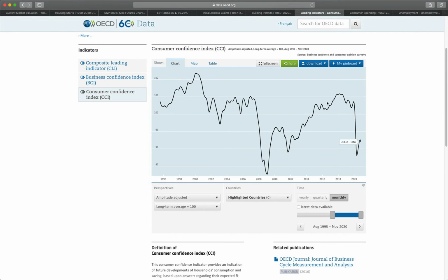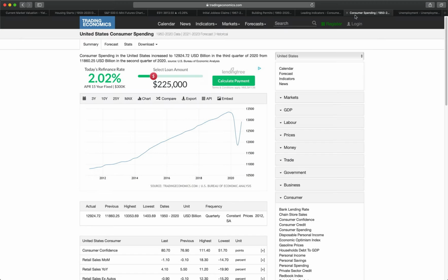So this one is the one that shows something different. It's been going up, but then since March of 2020 it's gone down. So we can't say for sure that that is a signal for an expansion. Consumer spending, ever since March it's gone up, so that would signal an expansion.